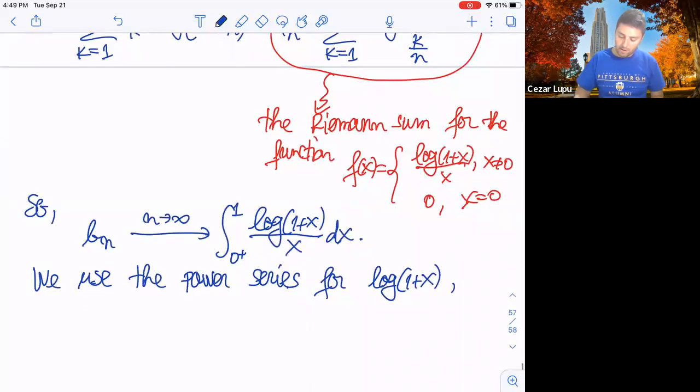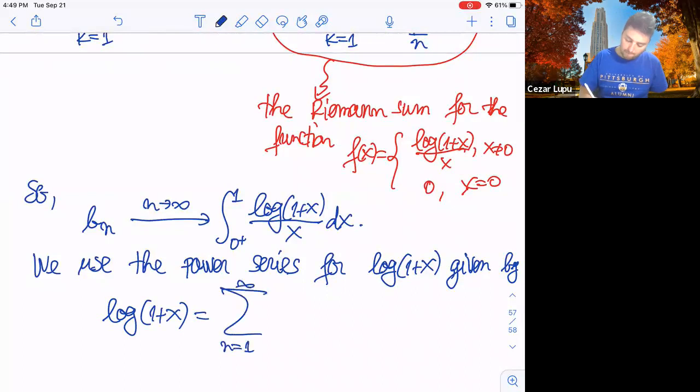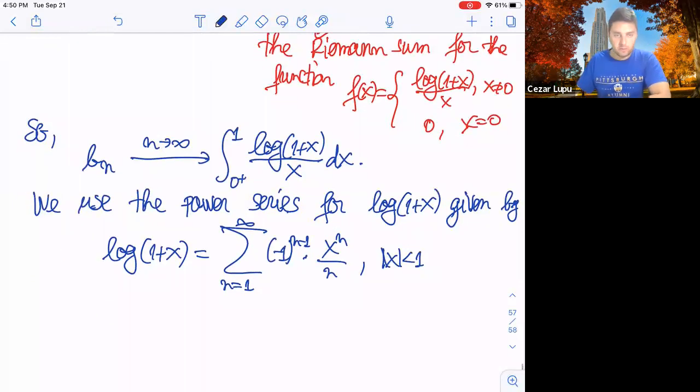So which is given by, like I said, all right. Now let's use this in our integral.